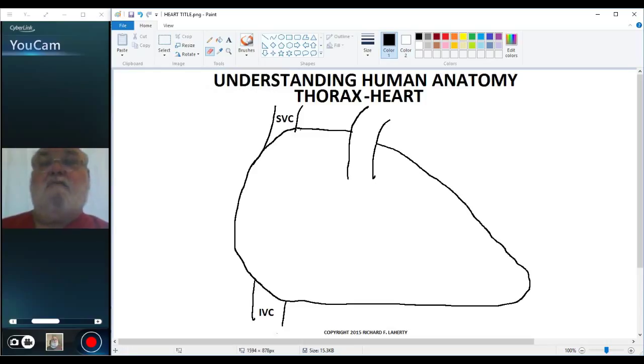And then we have to draw in the pulmonary trunk. The aorta carries blood out to the body. The pulmonary trunk carries blood to the lungs.